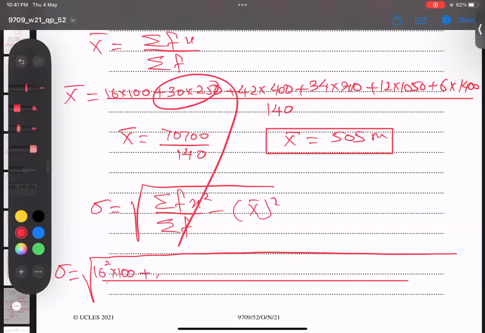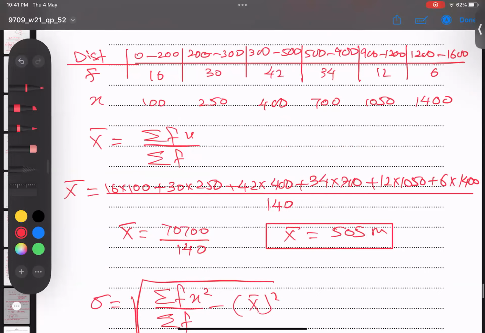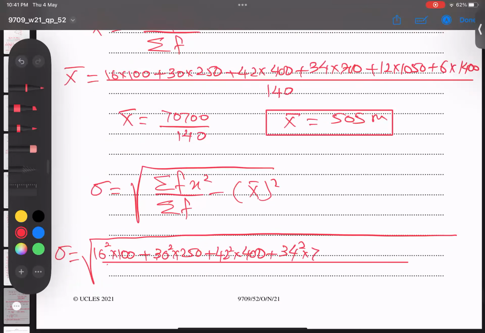Then it means every value of all these: 30 square into 250, 40 square into 400, 34 square into 700, 12 square into 1050 and 6 square into 1400, divided by 140 minus mean square.